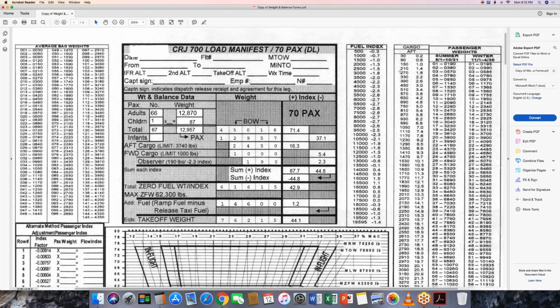Is it overweight at the landing? Is it overweight at the takeoff? Is the zero fuel weight too much? He's not just going to accept a 'well, it's overweight' answer. He's looking for information. He's making sure that you're completing the steps and following the right procedure.